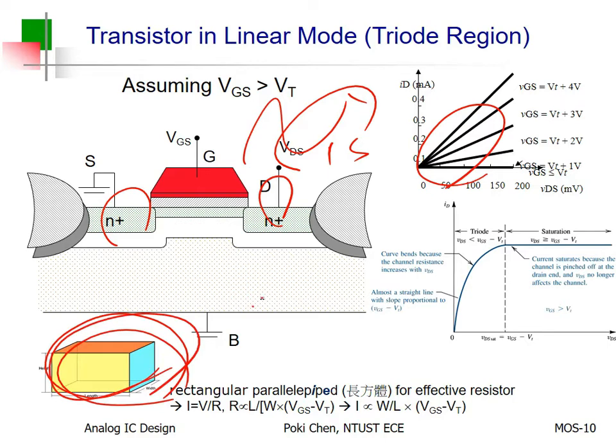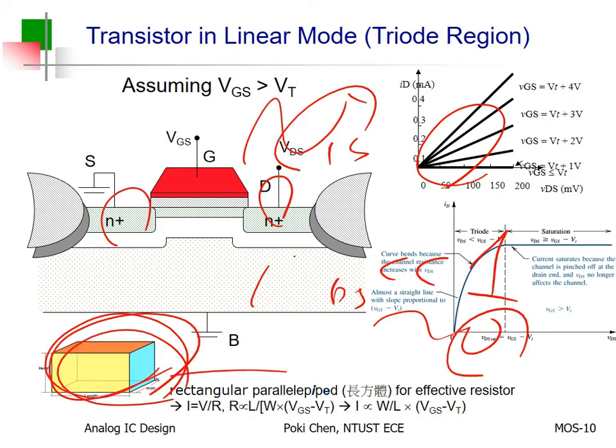If VDS is close to 0, we don't have any deformation of such a rectangular parallelepiped, so we can still enjoy such a characteristic: the slope of the IV curve is proportional to this from the very beginning.